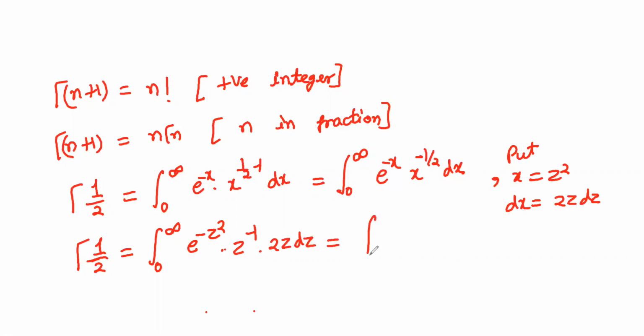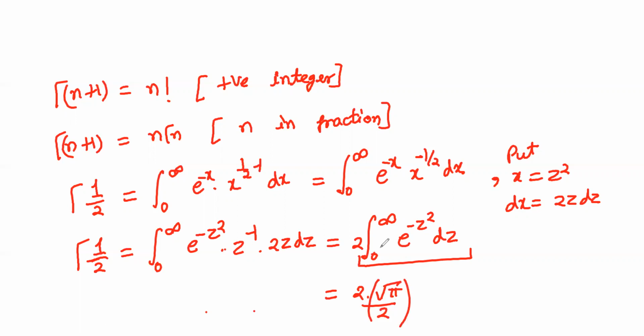So this will be the integral from 0 to infinity, 2 will come out, e raised to minus z square dz. The integral from 0 to infinity of e raised to minus z square dz comes out to be root pi upon 2.